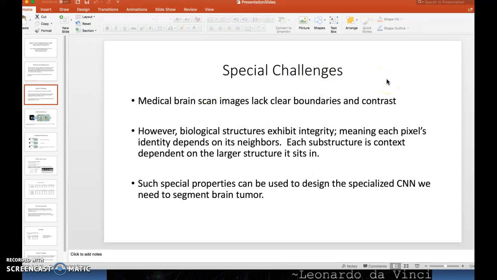The special challenges are very vast, but there are special properties of biological structures, which is that if you're a tumor cell, you're most likely next to another tumor cell, as in biological structures have integrity, they are very contained. So how can we use such intuition to build specialized models for our problem?